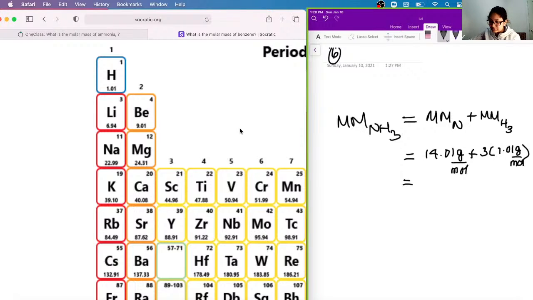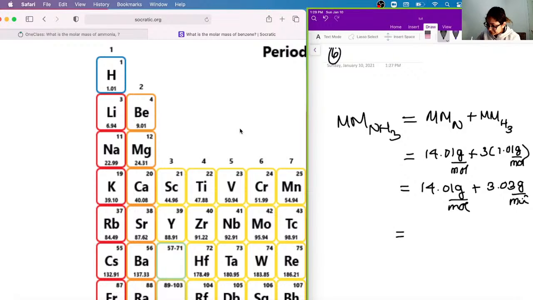So what we would do next is multiply: 3 times 1.01 gives 3.03 grams per mole, right?